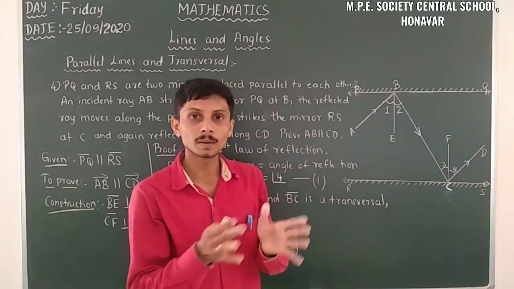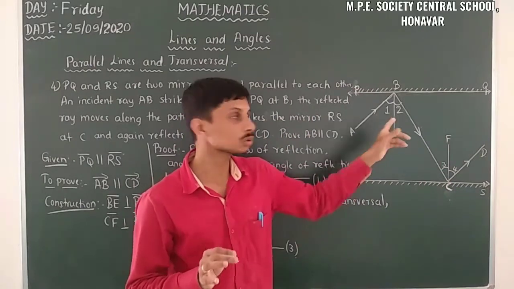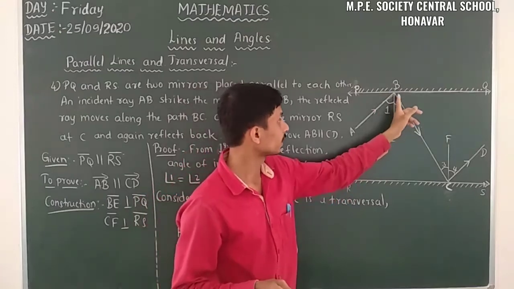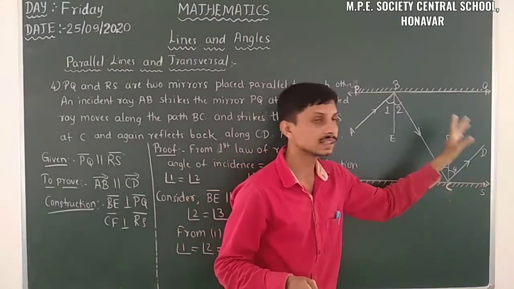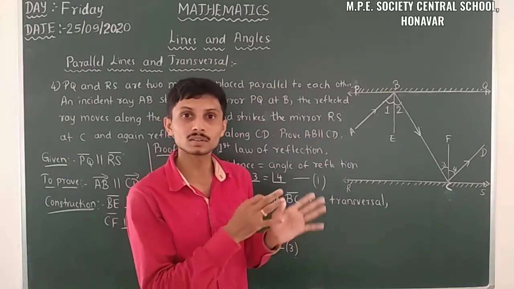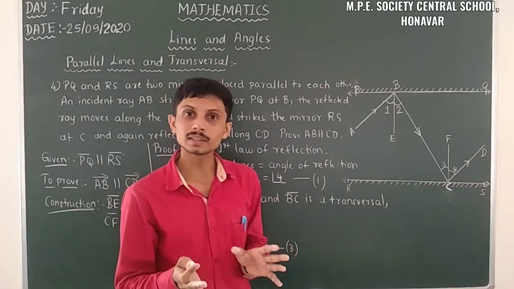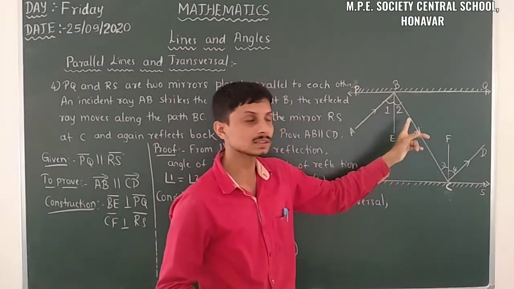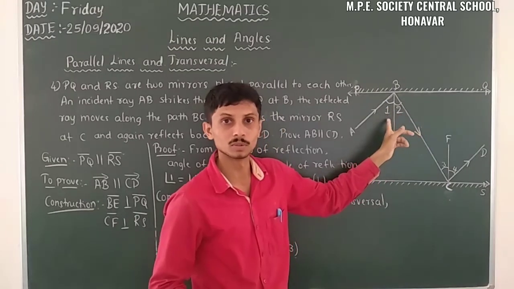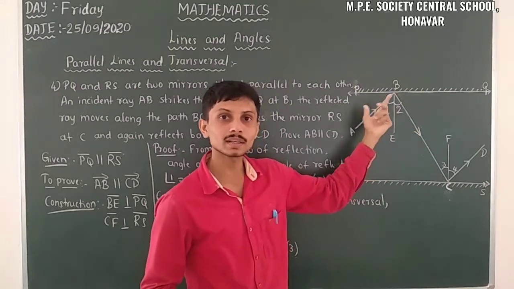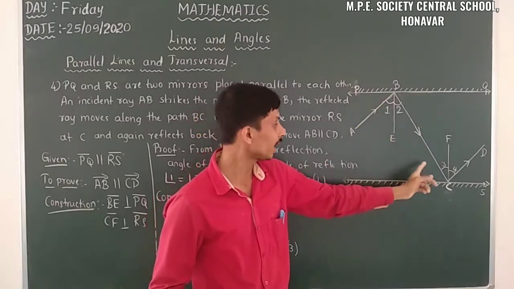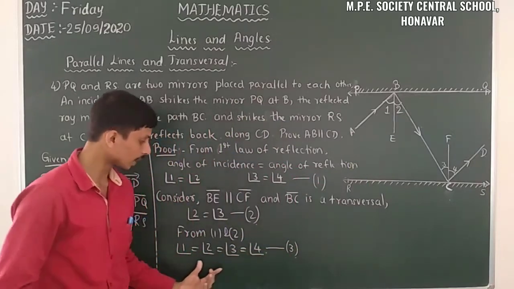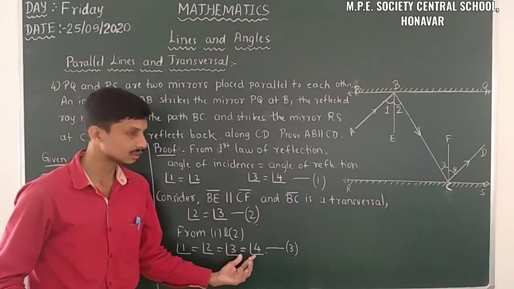So we have to take those two angles. How can we do that? Just observe, angle ABC can be split into two exact parts, 1 and 2. When we add 1 and 2 we get ABC, and when we add 3 and 4 we get BCD. Here we have angle 1 is equal to angle 2 is equal to angle 3 is equal to angle 4.